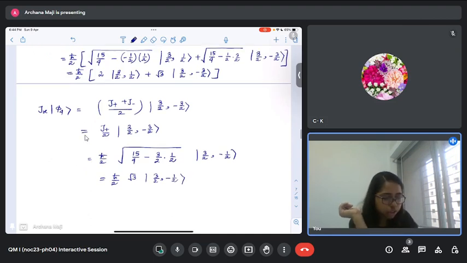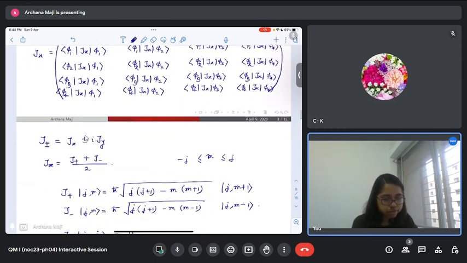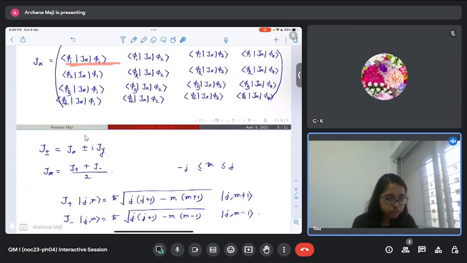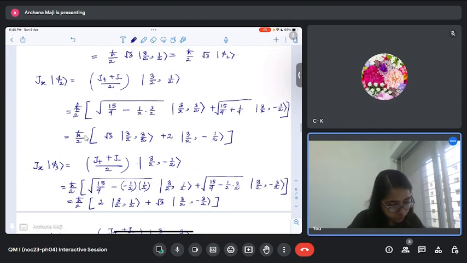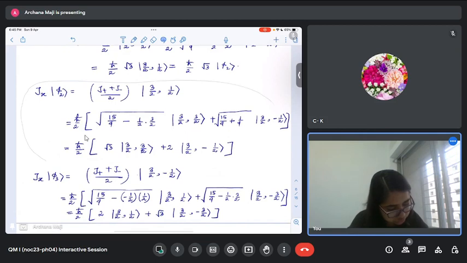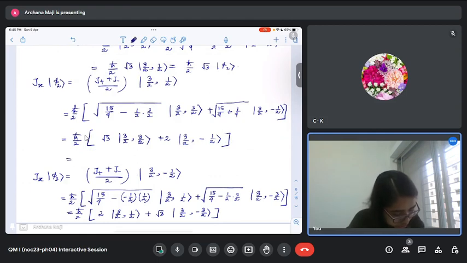Okay, now you have all these. Now you can easily find out what the matrix elements are. So what is this, phi 1 inner product Jx on phi 1. So Jx on phi 1 is this, but this is not phi 1, right? So let me write this as ħ/2 square root 3. This is phi 2. Okay, this is ħ/2 square root 3 phi 1 plus ħ/2.